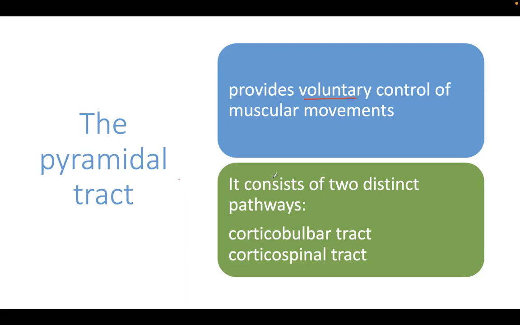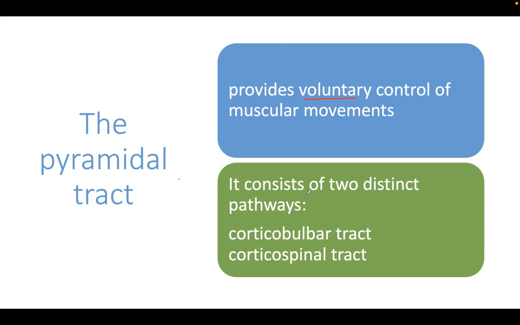The pyramidal tract has two distinct pathways. Please remember this. What are the two pathways of the pyramidal tract? We have the corticobulbar tract and we have the corticospinal tract.